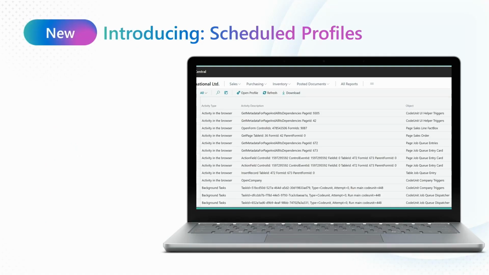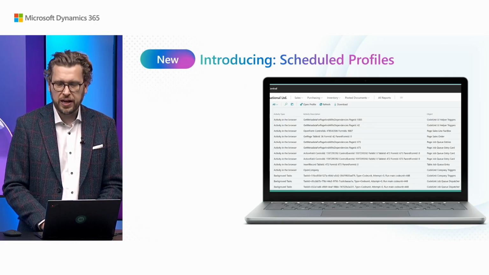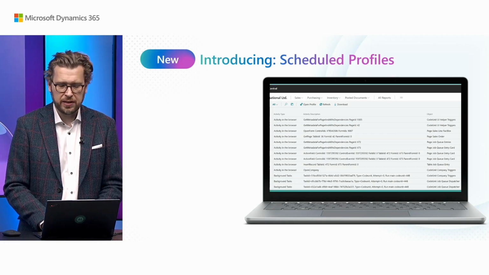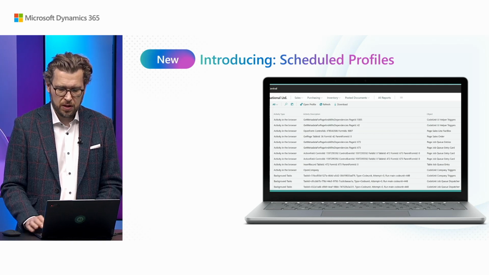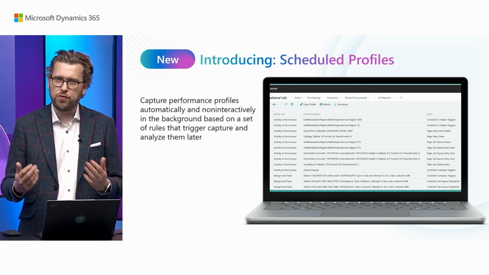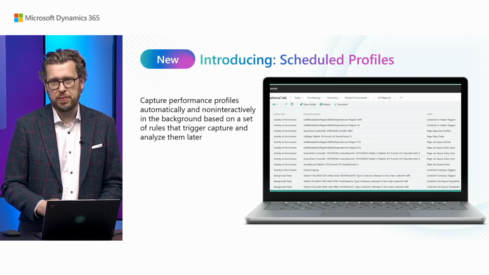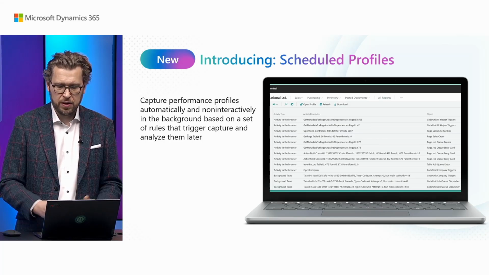To make it easier and faster for customers, consultants, developers, partners, and support to capture a profile, and thereby lower manual collaboration and time to mitigate, this release introduces scheduled profiles. With these, you can capture performance profiles automatically and non-interactively in the background based on well-defined rules for when to trigger the capture of a profile. The rules can be set up by a partner.